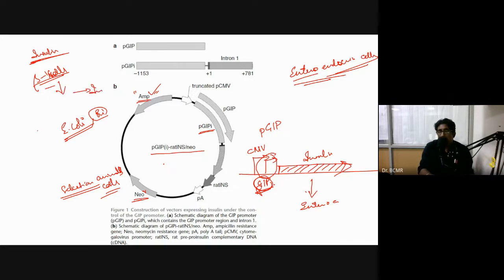In all the other cells, although the gene is present, it is not produced, because it is repressed. It is silenced within the region. So now our goal is to have insulin produced in enteroendocrine cells. And in enteroendocrine cells, GIP is produced.